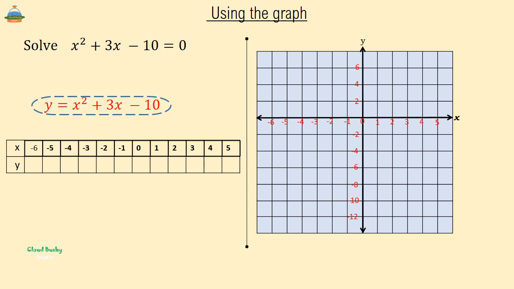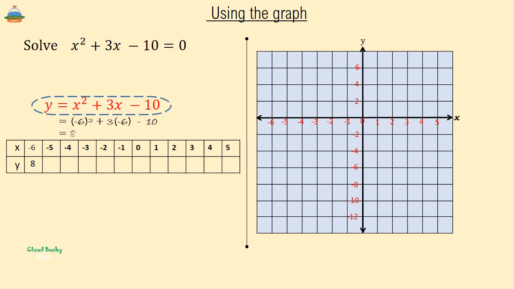So using a calculator, we can find the value of y when x is -6. That is 8. Wherever there is an x, we're going to plug in -6. So if we plug in -6 squared plus 3 times -6 minus 10, that will give us positive 8.